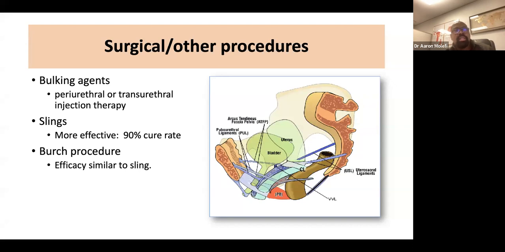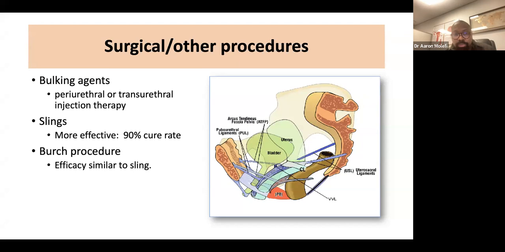And then I think last month, sometime in March, we took her back to theater to do a transobturator tape insertion, which is a sling procedure. After that procedure, she was actually cured of her stress urinary incontinence. That's why in the literature it's reported to have a 90% cure rate. So slings are one of those options.